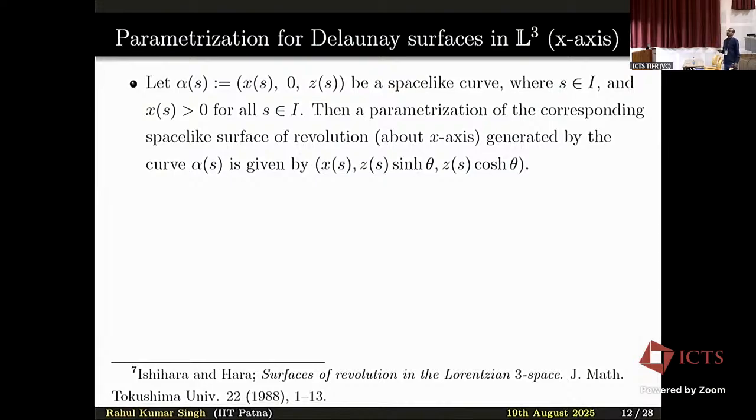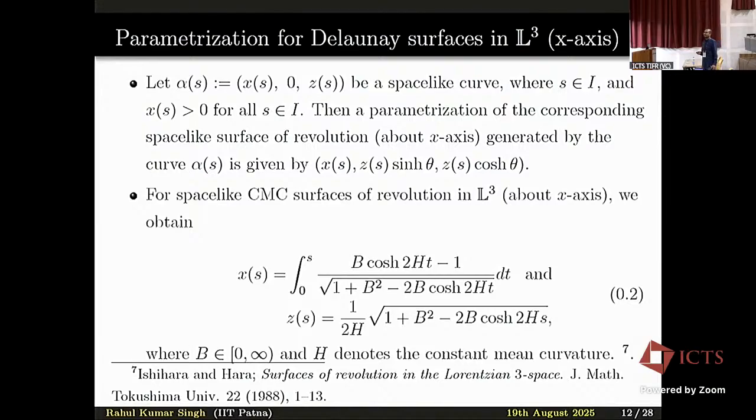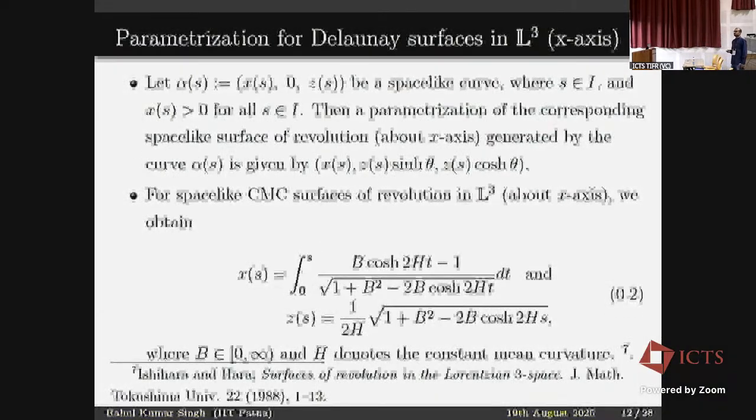Then we can write down the parametrization for the corresponding surface of revolution about the x-axis like this. So this is how the parametrization would look. And in this case also, we will have a formula like this for the generating curves. So this is what we showed.